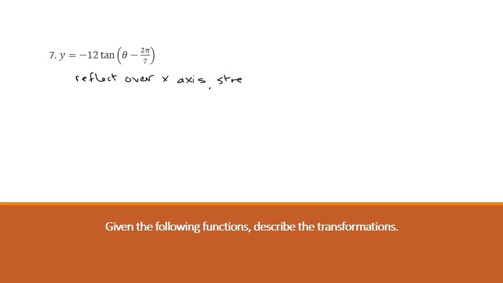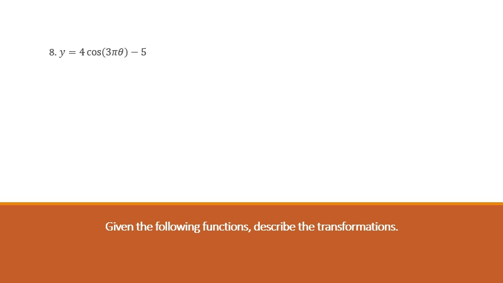Let's erase that. Stretch 12. Next, there's no number in front of that, so we're just going to look at this one here. That's a minus, which means right. So right 2 pi sevenths. Okay, good deal.